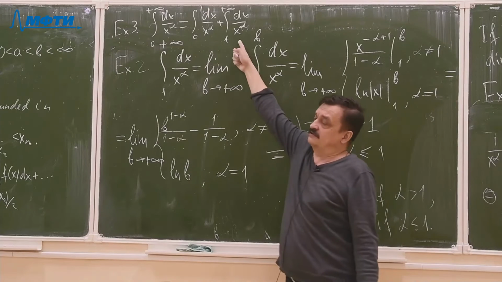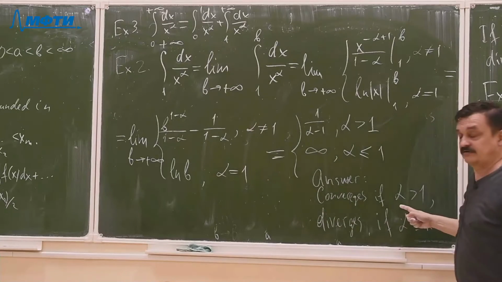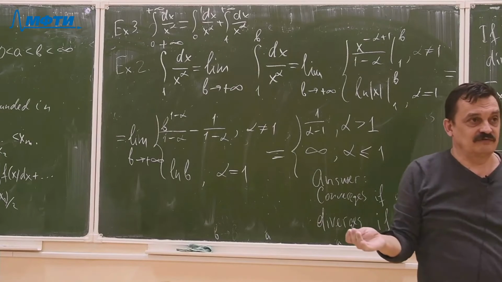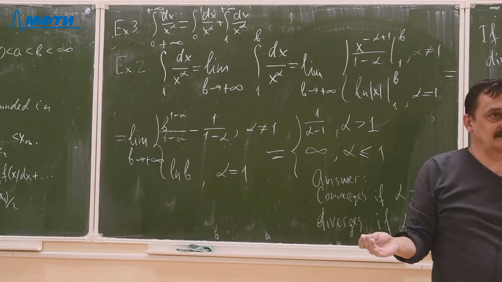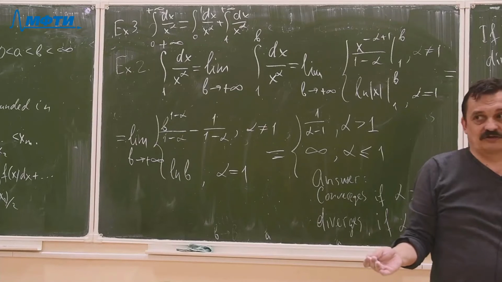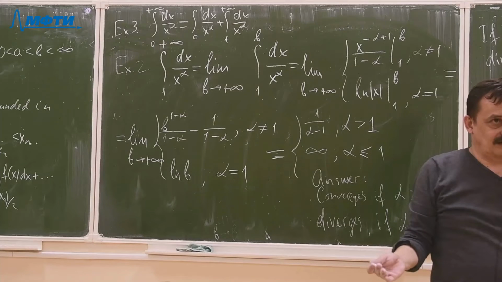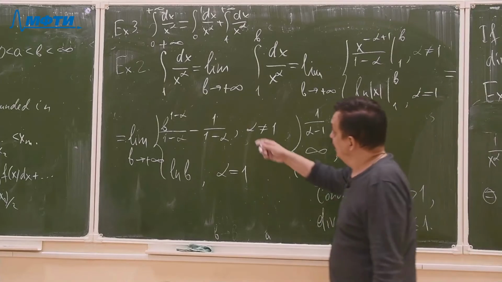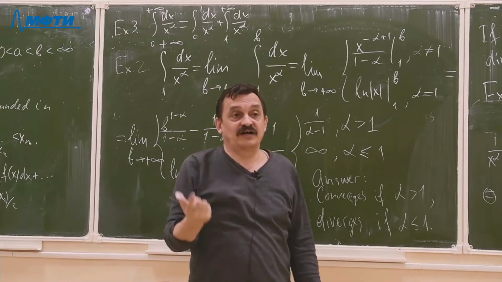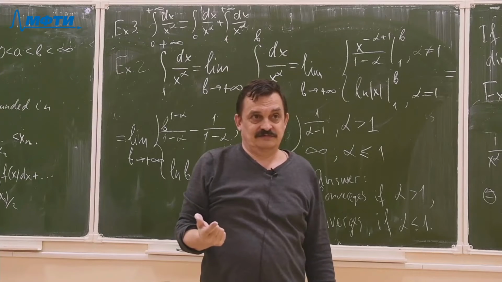The second integral converges for alpha greater than 1. We cannot have both inequalities together, right? At least one of them is not satisfied. Hence, at least one of those terms is not defined, it diverges.